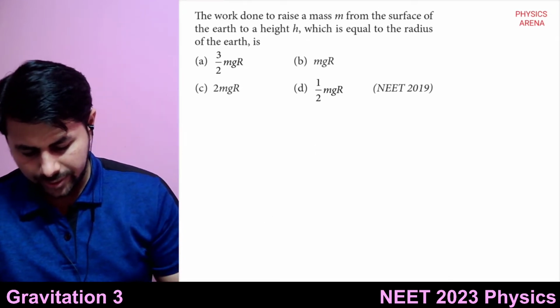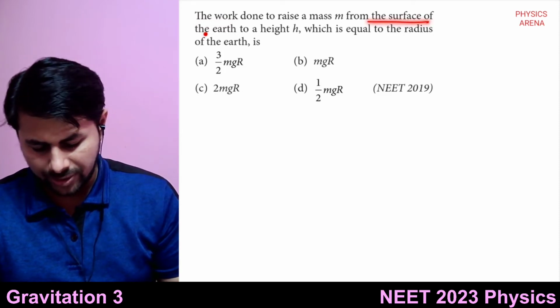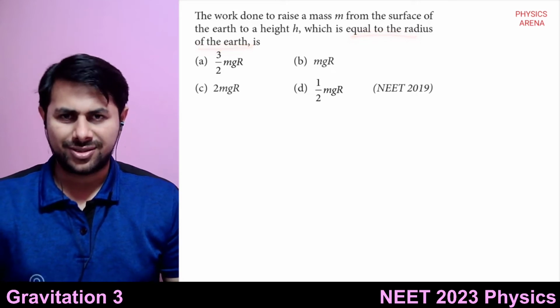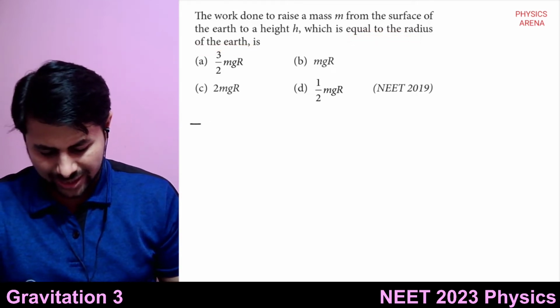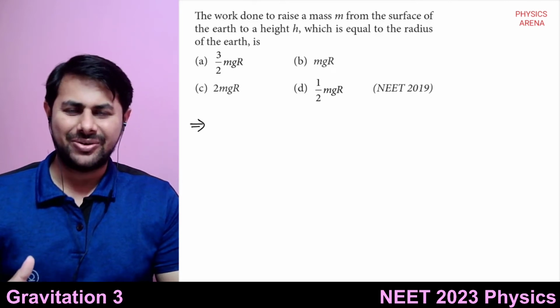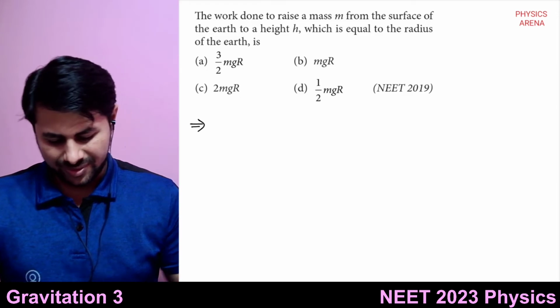The work done to raise a mass m from the surface of Earth to a height h, which is equal to the radius of Earth, is? Now we cannot use work done against gravity equal to mgh. We have to use the other formula, right?